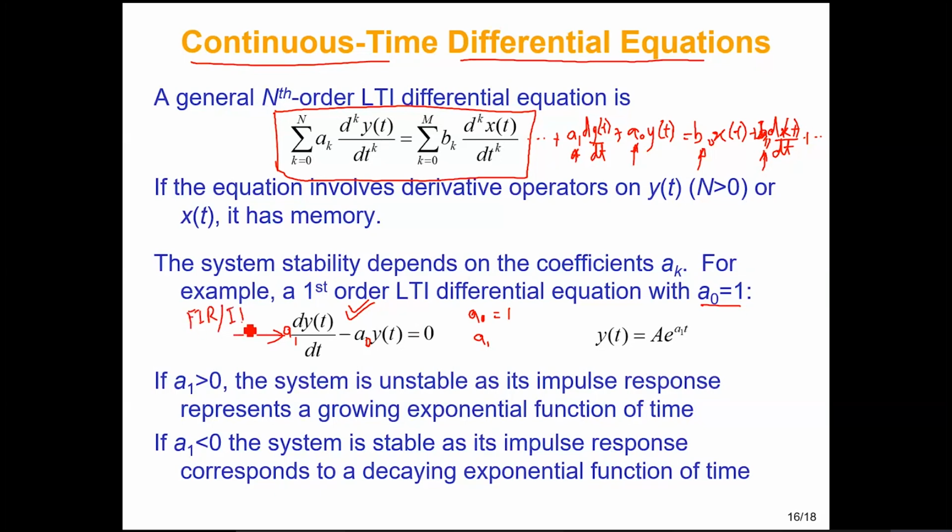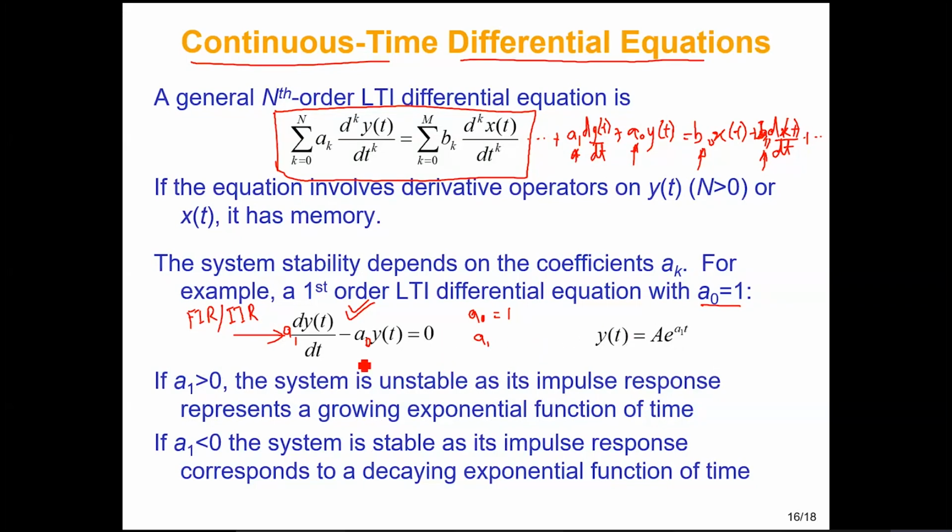We have already talked about this earlier when we were discussing the properties of systems. If you see any differential of y present in your equation, first order, second order, third order, then we say that we are having an IIR. But if your equation has differential terms with x and no differential terms with y, then we say that you are going to have an FIR.